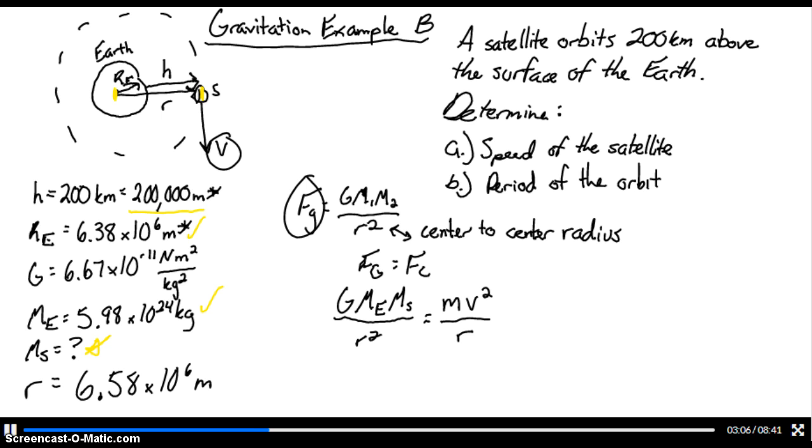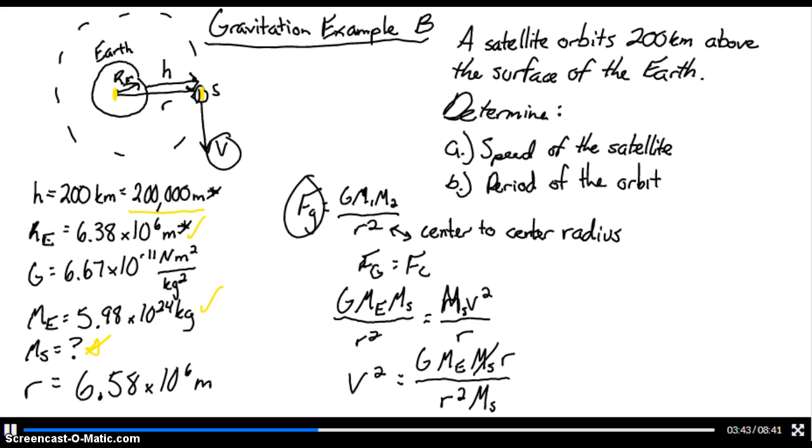So as we're looking at this particular equation, I'm asking you to find the speed of the satellite. So we're going to look at the mass of the satellite, so I'll call that m subscript s. We do a little algebraic manipulation here and solve for v squared, and we're left with v squared is equal to G, mass of the Earth, times mass of the satellite, times r, over r squared times the mass of the satellite.